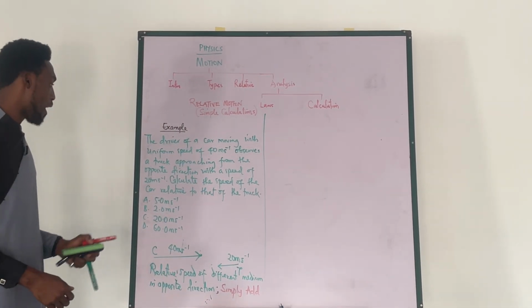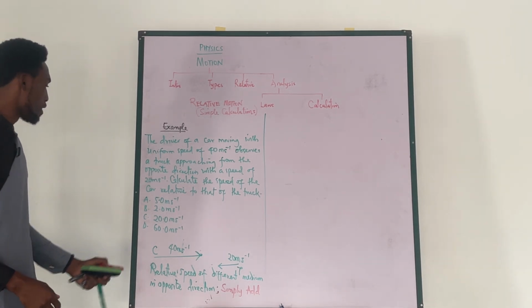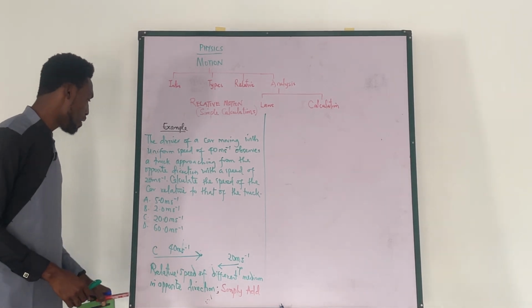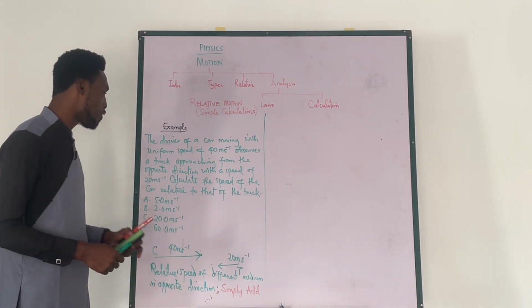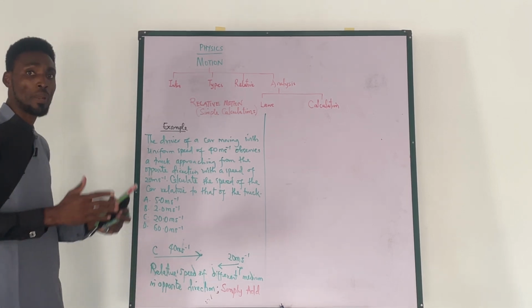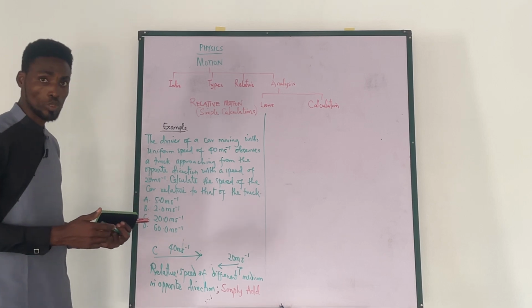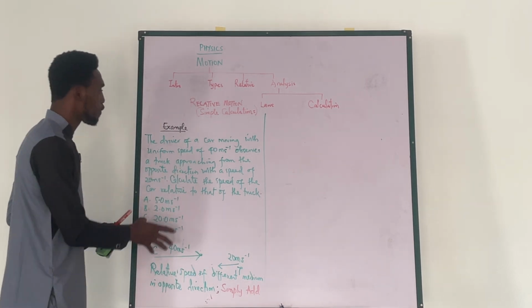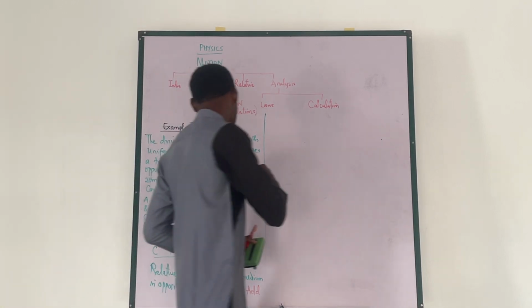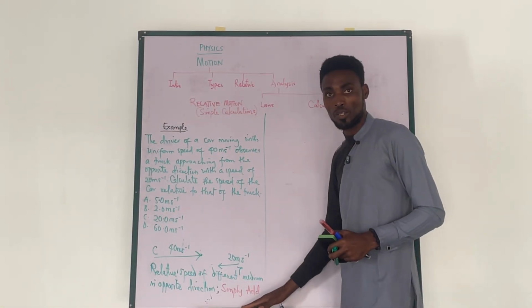All right, so I just simply said you add. Relative speed of different medium in opposite direction, you add. So let me give you the converse statement. Relative speed of different medium in the same direction is simply subtraction. So let's go by this and let's see. I think if you look at our question very clearly, it flows with this statement I have just written down there.